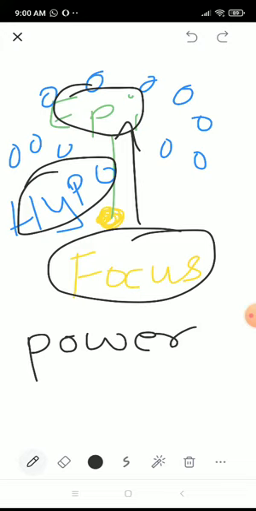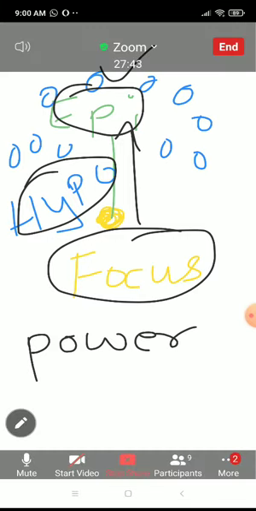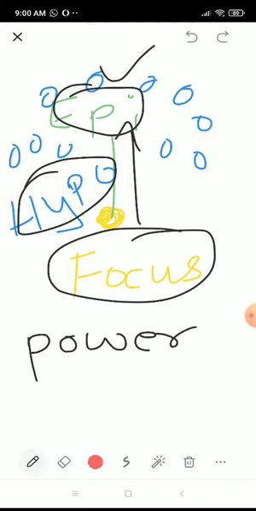So the maximum destruction is at the epicenter, and as you move away from the epicenter, the destruction decreases, the power also decreases. Is it clear, all of you?